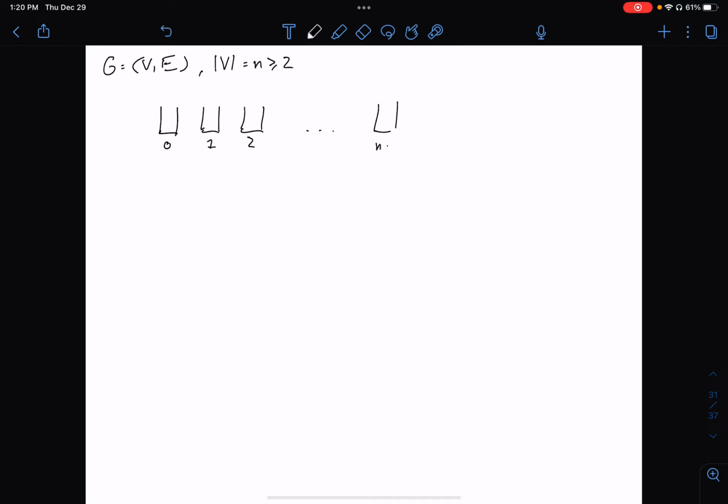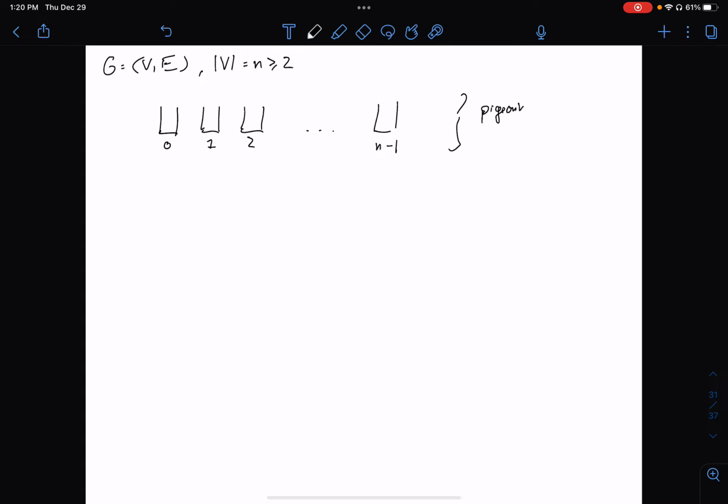Supposing again I have this simple graph with n vertices, at least two vertices, then the possible bins or pigeonholes or degrees that I can have are 0, 1, 2, all the way to n minus 1. So these are my pigeonholes.